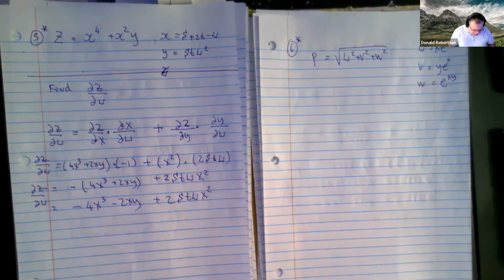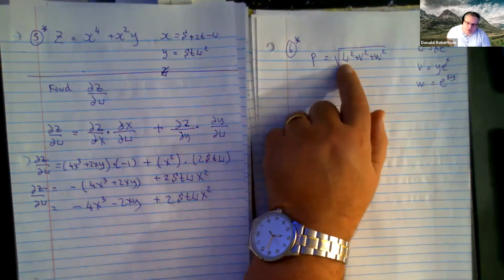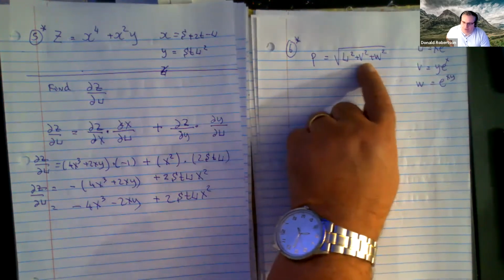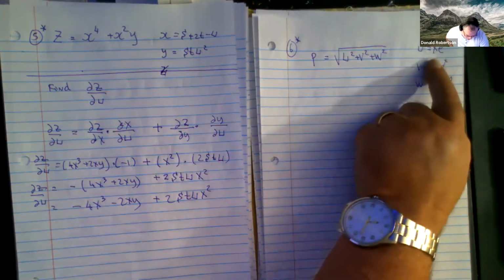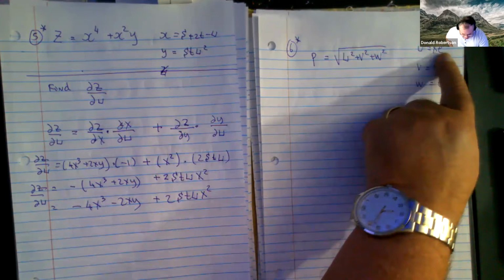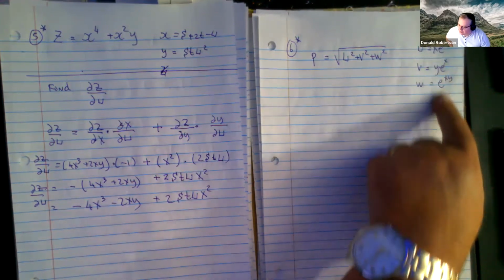Although that looks weird, it's just as good as any other question. The letters that you use for variables are really irrelevant, right? I could have called this, I don't know, E squared plus F squared plus G squared. And I could have called that instead of X's and Y's. I could have said it was A, E to the B, and so on.